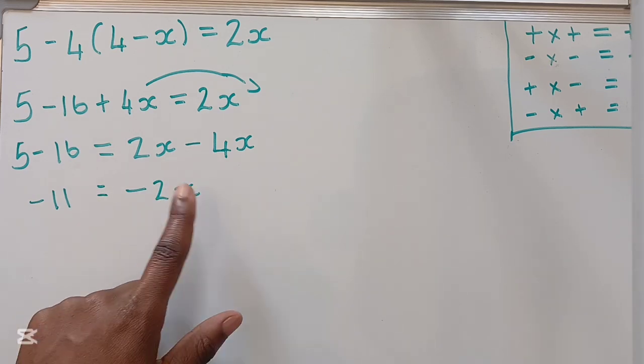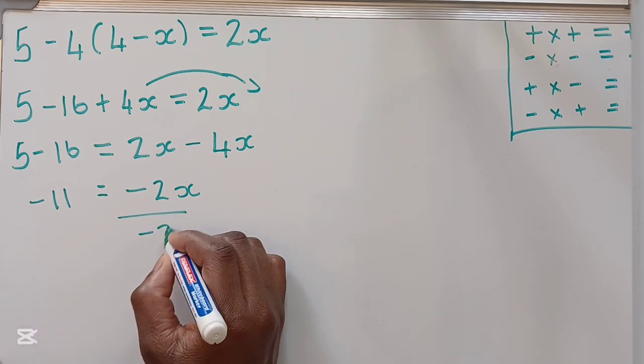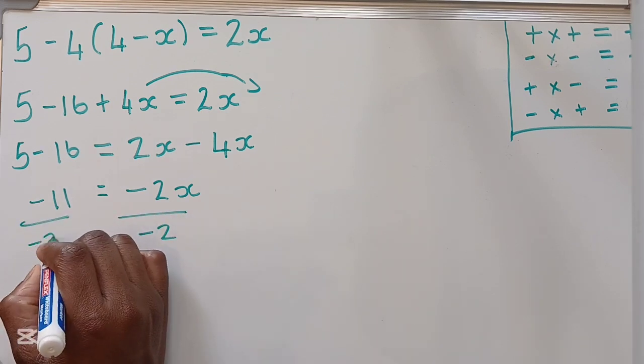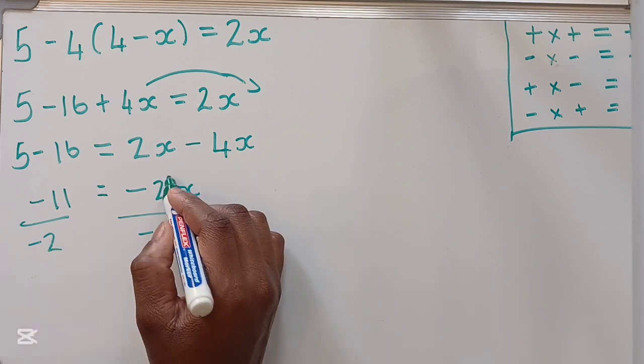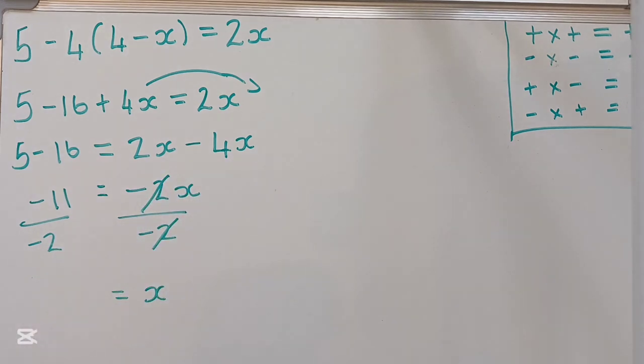We want to isolate our variable, so we're going to divide both sides by negative 2. These two cancel. Then you have x on this side. Negative 11 divided by negative 2 will give you 11 over 2, because the negative signs will cancel out.